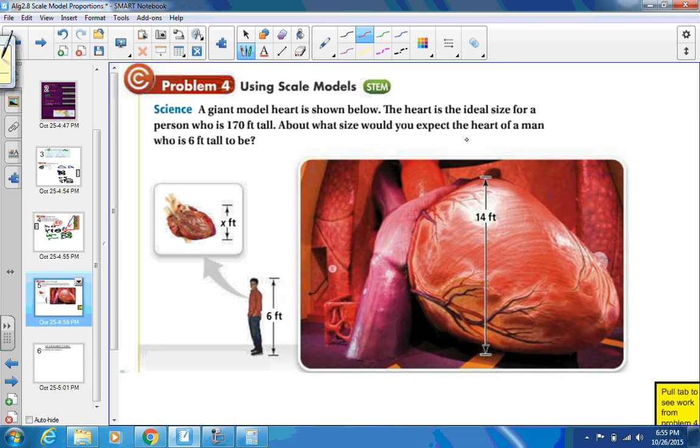The heart is the ideal size for a person who is 170 feet tall. So if we're talking about this person right here, this is my lovely person who has that heart inside of them. This person is 170 feet tall.